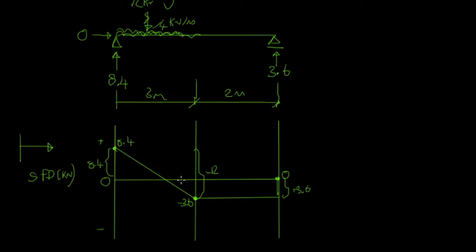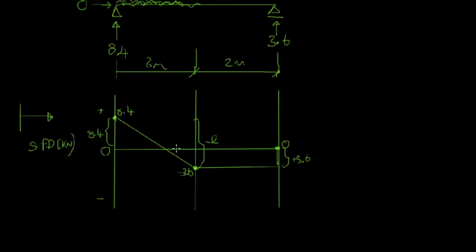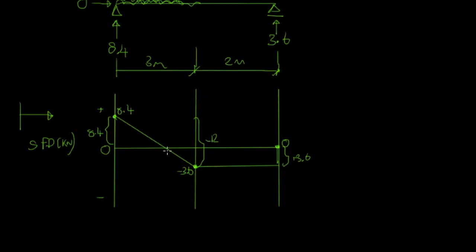So that's typically what our shear force diagram is going to look like. One thing that we need to note is this point here. So next thing we're going to do is do our bending moment diagram, but because we have a shear force diagram crossing the 0 axis, this is a point of interest where our bending moment diagram is going to have a peak in it, and it's going to be our point of maximum bending moment.